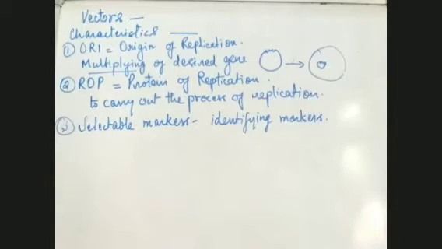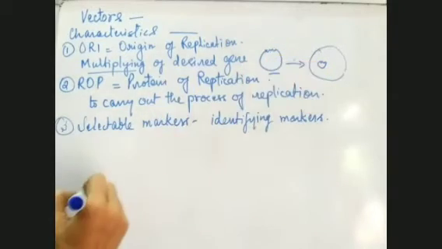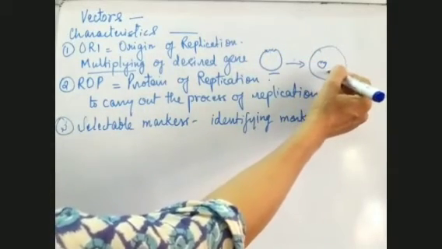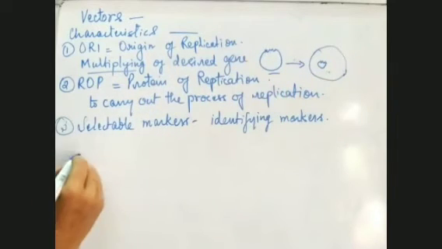So how will we find that this recombinant DNA has entered the host, whether it is in the host or not? The recombinant DNA which is formed, this is recombinant DNA or rDNA.